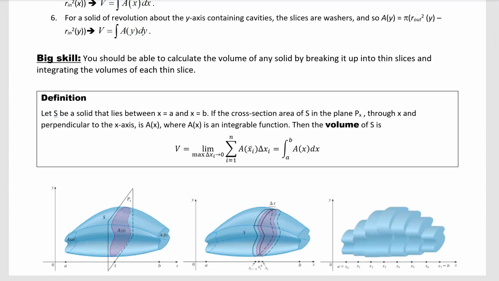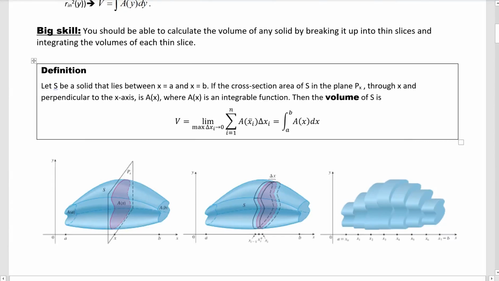So, definition. Let S be a solid that lies between x equals a and x equals b. If the cross-section area of S in the plane P_x through x and perpendicular to the x-axis is A of x. So this is a picture. Okay, we have S is the solid. And then on the x-axis, let's say we have the point x.